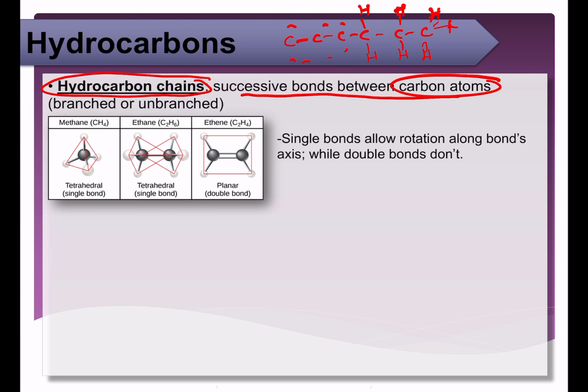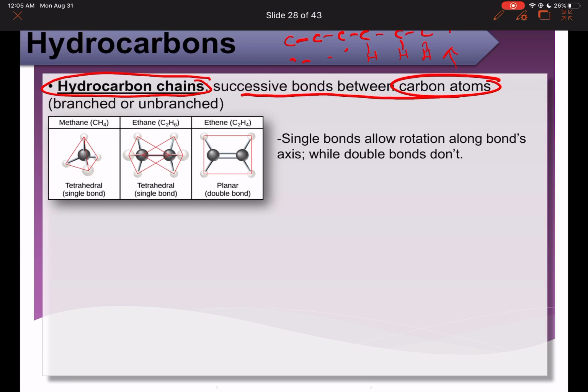I'm not going to draw the whole thing, but sometimes those carbon atoms can be branched or unbranched. So what I've drawn here is an unbranched version of the hydrocarbon. But if we're talking about something like this, then this is a branched version of a hydrocarbon chain. Branched meaning maybe a branch coming off like a T shape.